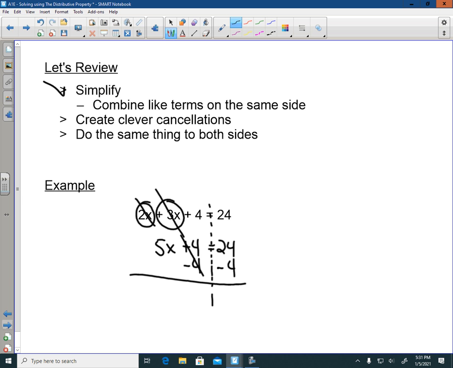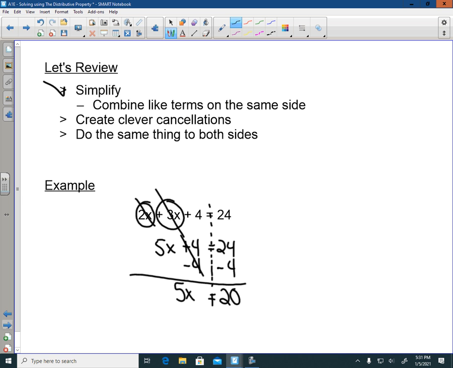These cancel. I have 5x left on this side, and that's going to equal 24 minus 4, which is 20. And since I haven't got that x completely by itself, I have to repeat this create clever cancellation step. You kind of circle around the create clever cancellations and do the same thing to both sides steps over and over again until you finally get x by itself, or the variable, whatever it is, by itself.